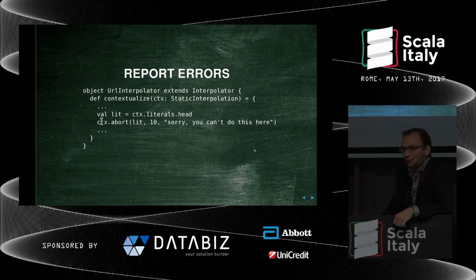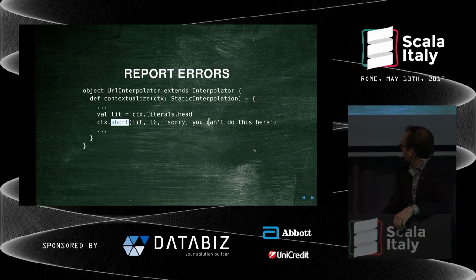And if you find a problem, if you see something in those strings that you want to reject, you can actually abort the entire compilation by calling abort. It takes 3 parameters. One is the literal in which the failure is happening. So each literal is the fixed bit surrounding the holes. So let's say we've got a problem with the first one.